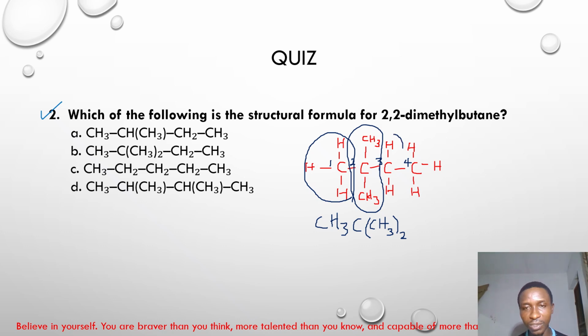Then the third section is our normal CH2, which we expect for secondary carbon atoms, a carbon atom that is bonded by 2 carbons. Then the fourth section is our CH3. Oh, there's a mistake. The second to the last section is CH2, not 3.